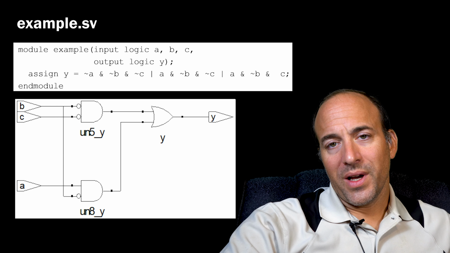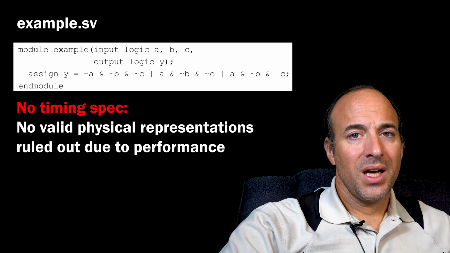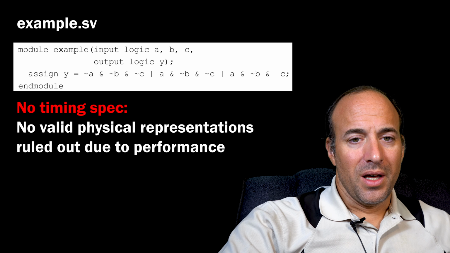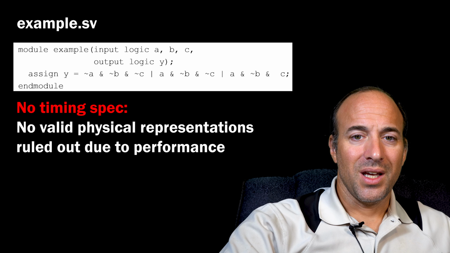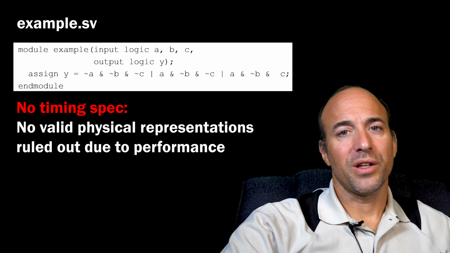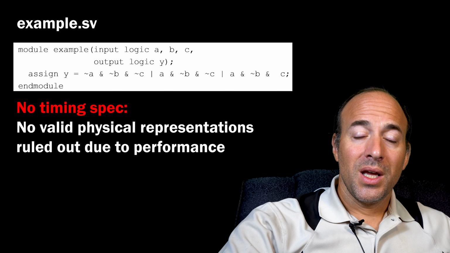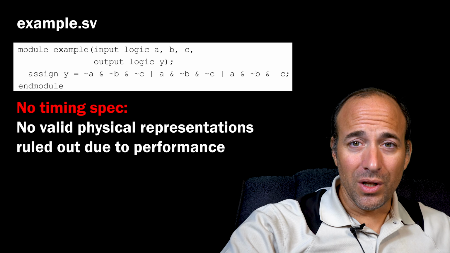And since we didn't specify a timing specification for this module, any equivalent logic implementation that matches the behavioral specification given in this module is acceptable regardless of its performance. So in other words, there are many ways that this module can be converted down to the gate level by a synthesizer.